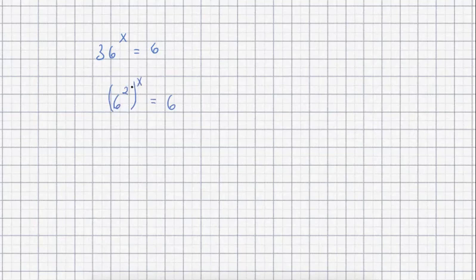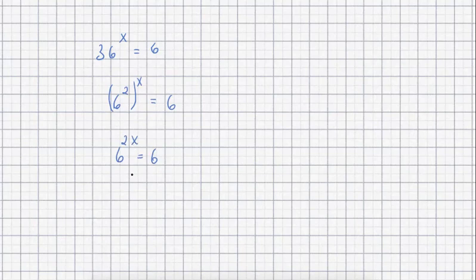Yes. So now we have 6 to the power of 2 to the power of x. What does it mean? Then you multiply them. So it will be 6 to the power of 2 times x, and it equals 6. Now the bases are equal, right?